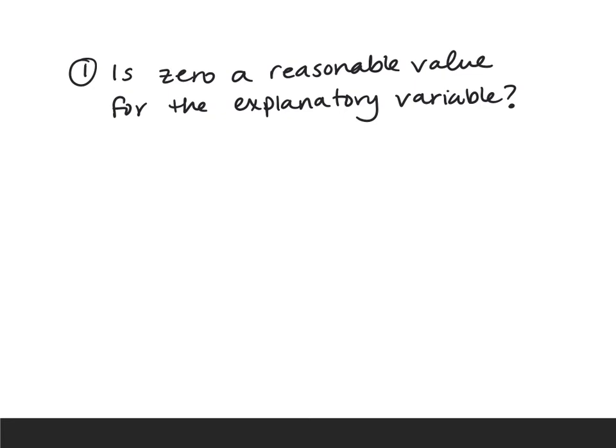My niece, when she was born, was literally smaller than my mom's hand from fingertip to the base of her palm. So that's small, but it's still more than 0. And so that 0 is not a reasonable amount for height. So is 0 a reasonable value for the explanatory variable?